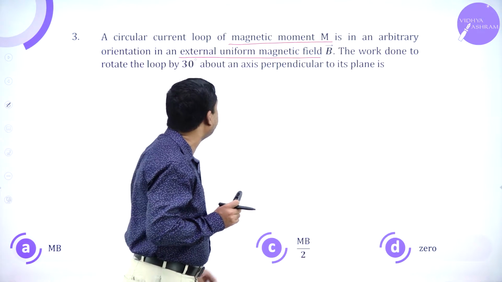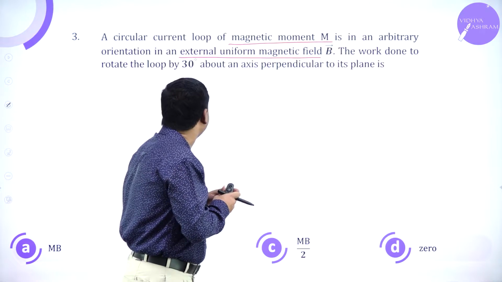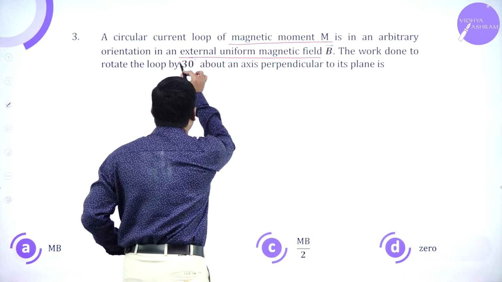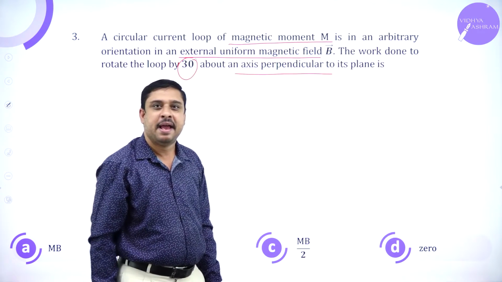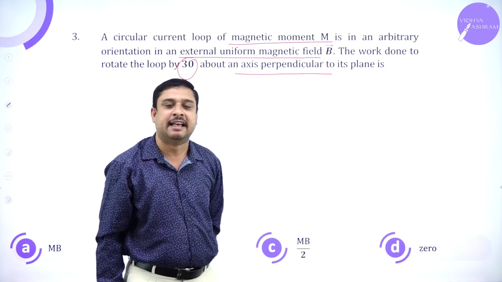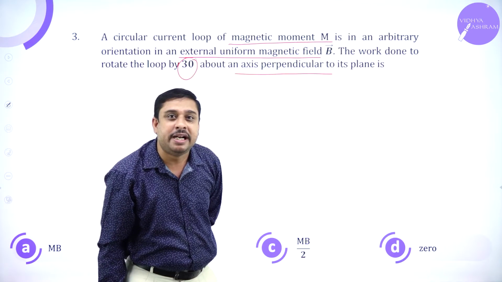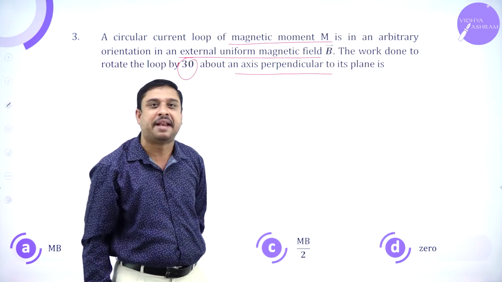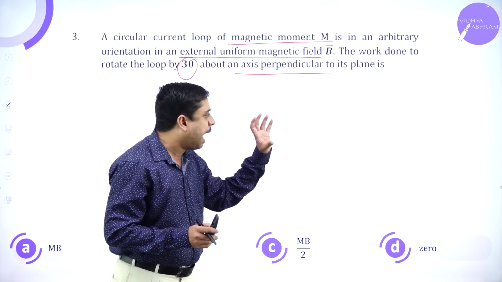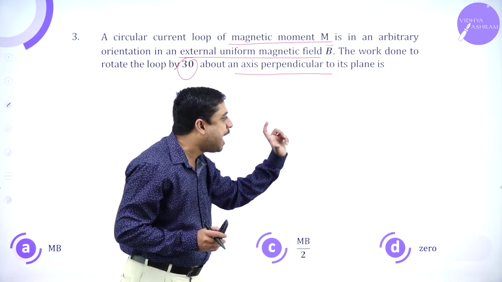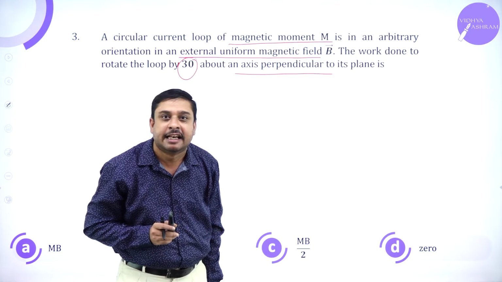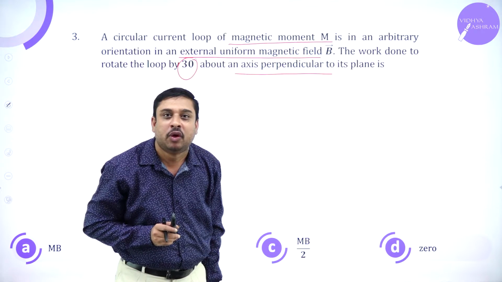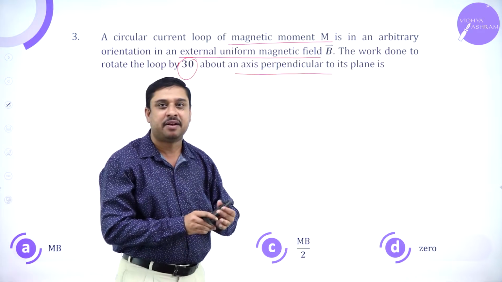The work done to rotate the loop by 30 degrees about an axis perpendicular to its plane. Now, I have to rotate the coil about an axis perpendicular to its plane.